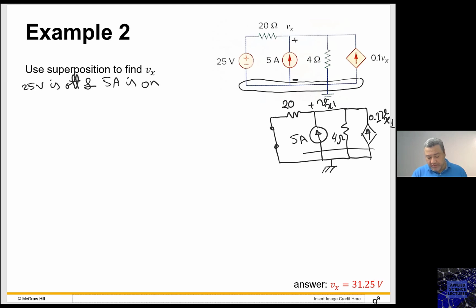I have a node here, and I have a node here. I can color them for you, if that's easier.